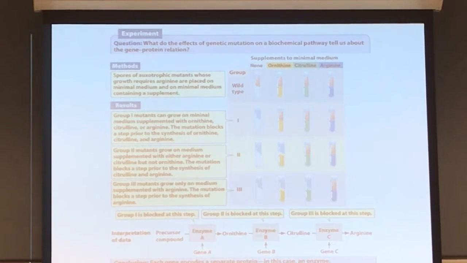So if this enzyme, which is a product of a gene, is not an enzyme, if it's just a protein, then obviously this method will not help you to map the pathway for arginine synthesis. Is that clear, guys? Any doubts on this?